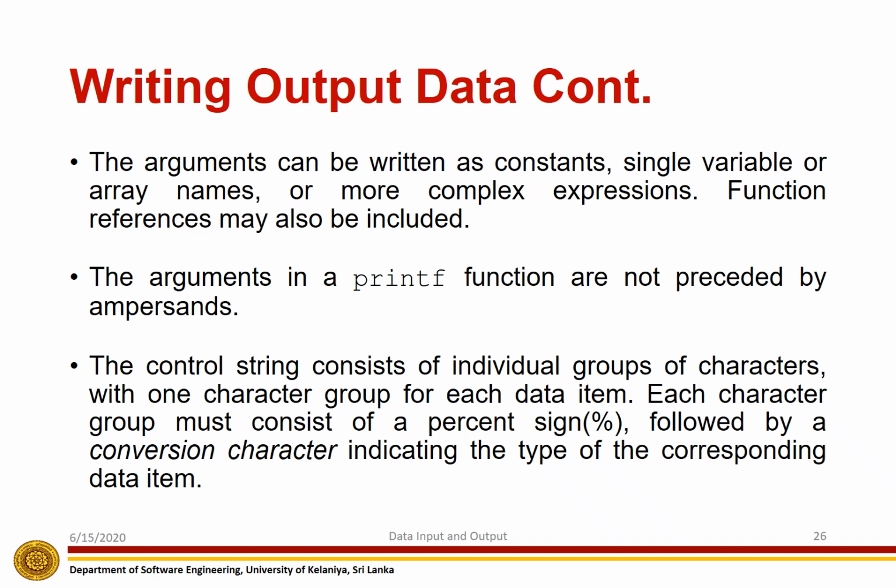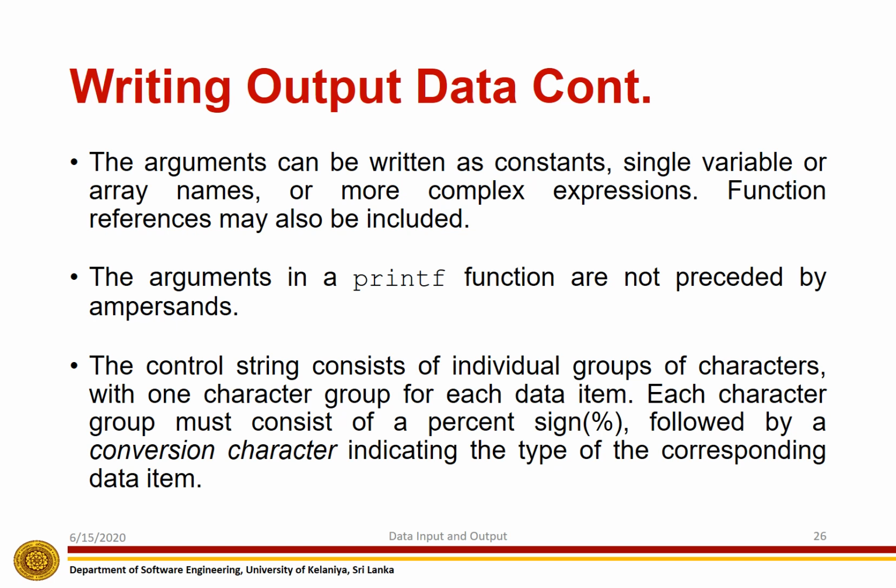The control string consists of individual groups of characters, with one character group for each data item. Each character group must begin with a percentage sign. Simply, an individual character group will consist of the percentage sign followed by a conversion character indicating the type of the corresponding data item.